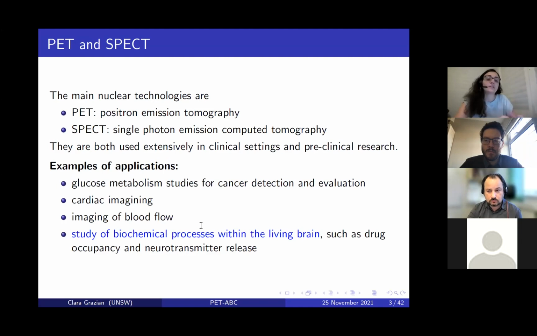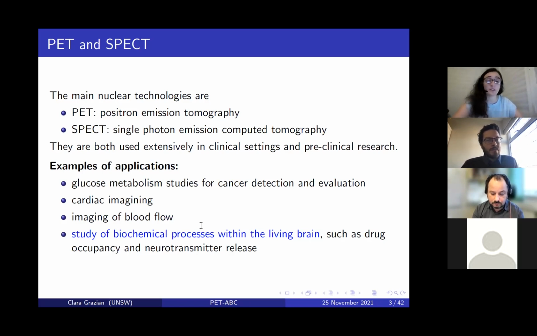The main nuclear technologies are PET, positron emission tomography, and SPECT, and all the data I'm going to present today, or tonight, come from PET technologies. This type of technology can be applied to many types of functions.